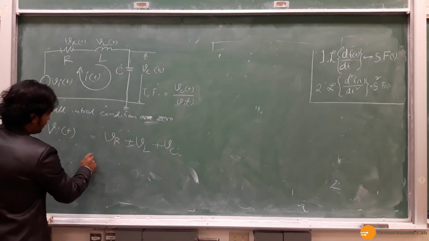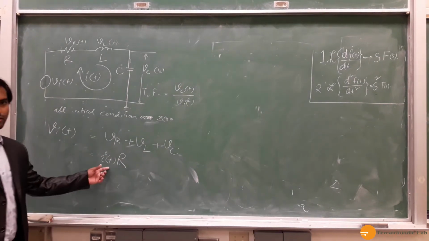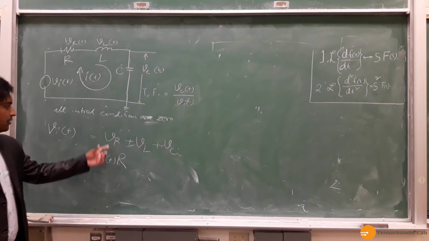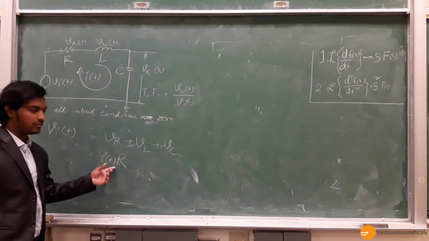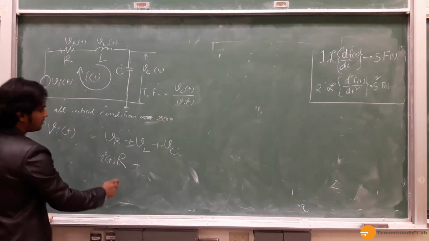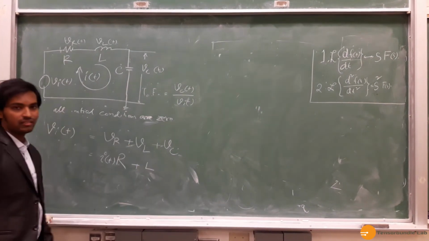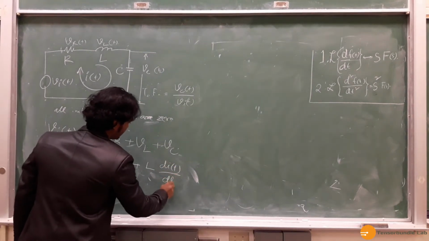So V of R becomes I times R, Ohm's law, right? The voltage across the resistor is current multiplied by the resistance. And we know the voltage across the inductor is defined as the inductance L multiplied by dI by dt.